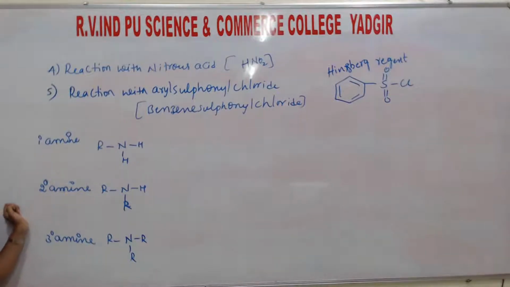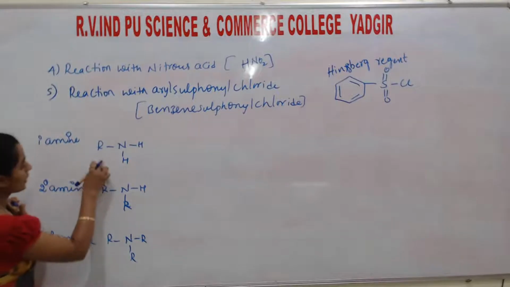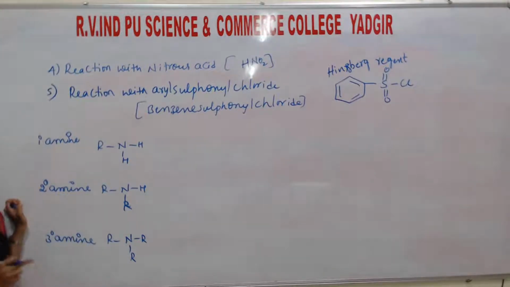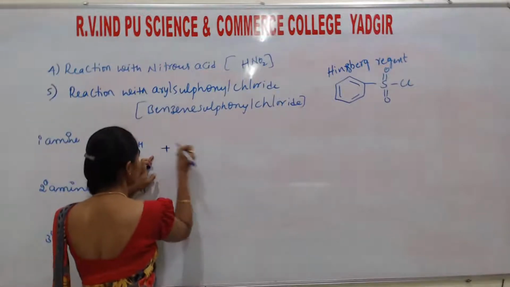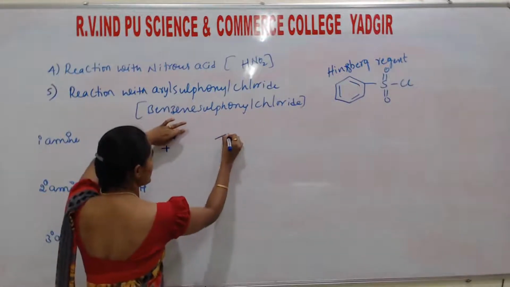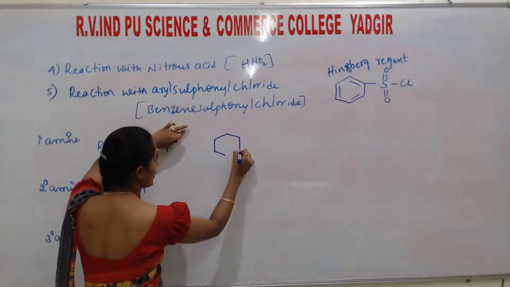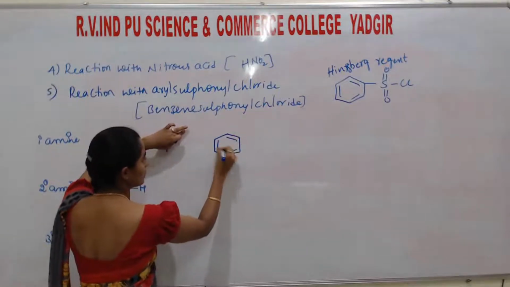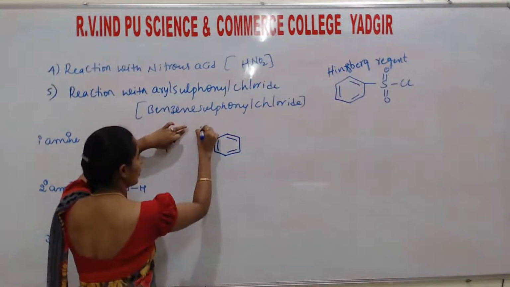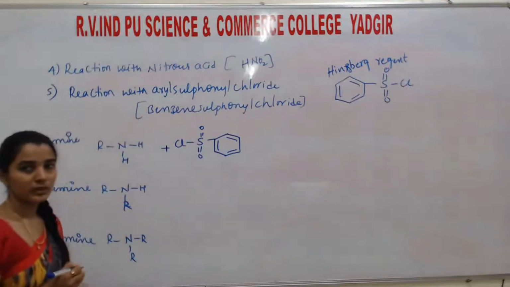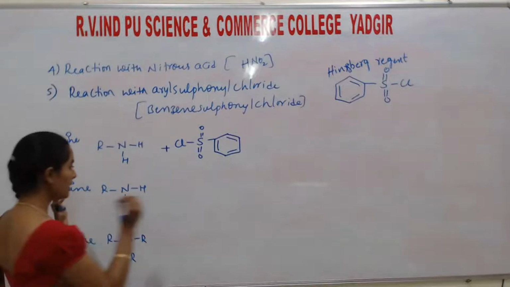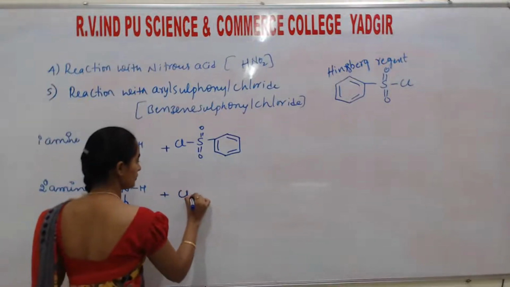Okay, students. The reaction we are going to write now is how these primary, secondary, and tertiary amines react with benzene sulfonyl chloride. So right here, this is the benzene ring. Write it in a reverse manner. This is S double bond O, Cl.